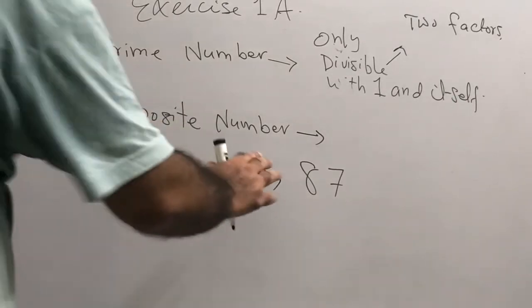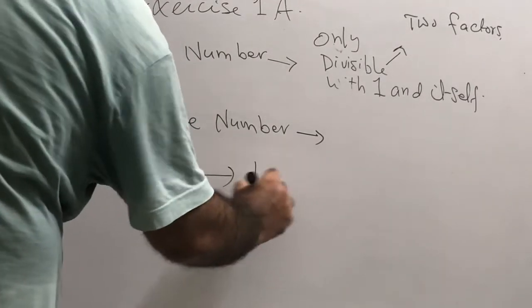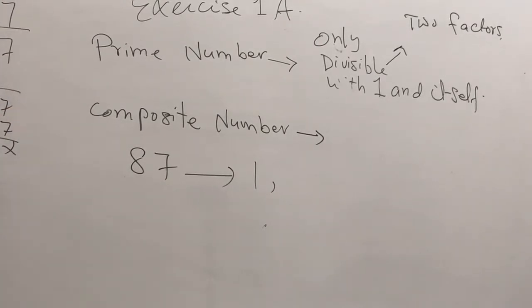No, we need to check it again. 87 can be divided with 1, 1 7s are 7, so 1 is a factor. 87 can be divided with 87, 87 1s are 87, so 87 is a factor.